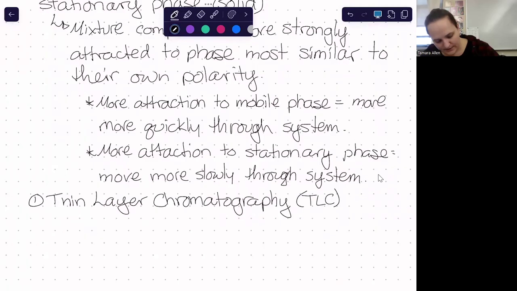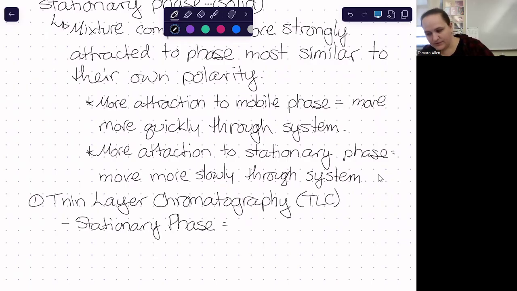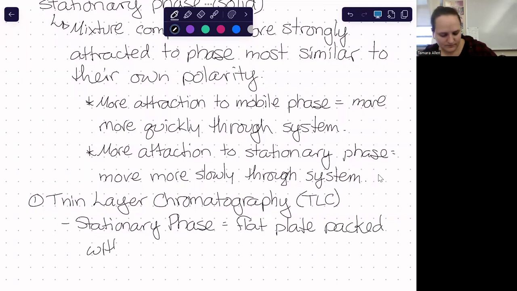And in this, the stationary phase is most commonly some kind of flat plate packed with powder, or in a much simpler version, paper.